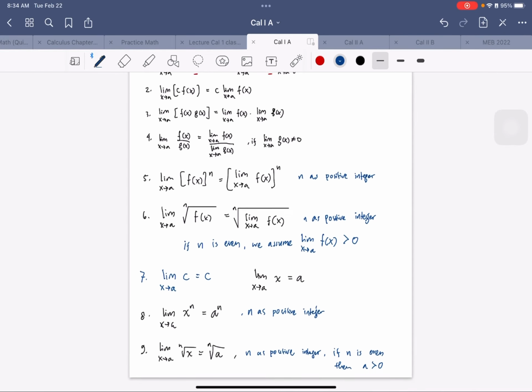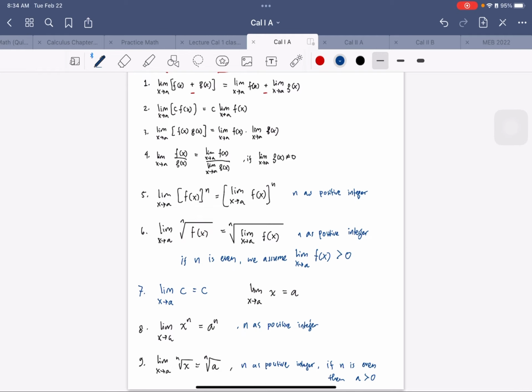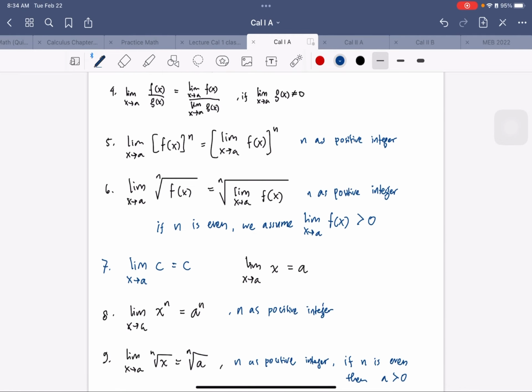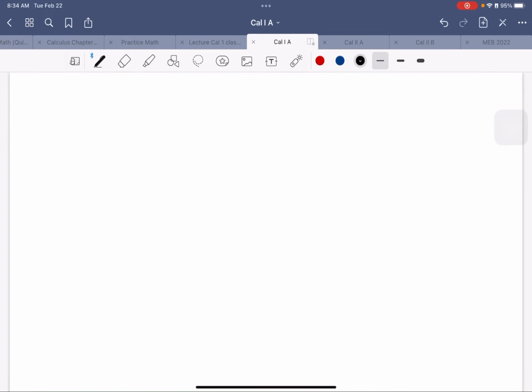Now from all these properties, we come up with methods to evaluate the limit. The first one is direct substitution.